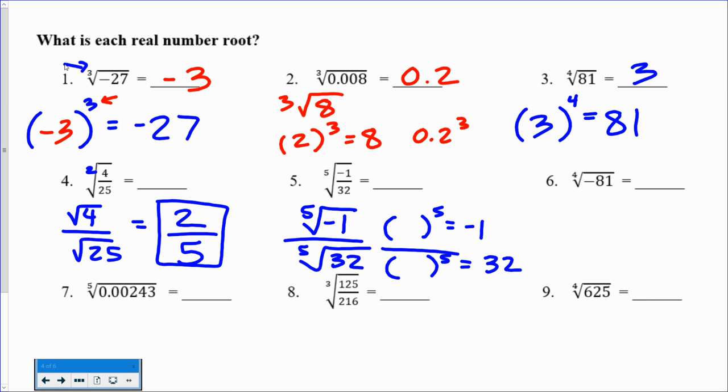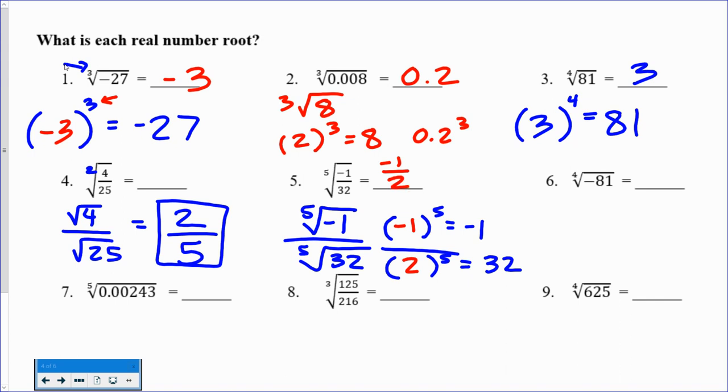It really should get easier, because when I'm raising things to the fifth power, it gets big really fast. I shouldn't have to try many things. So negative 1 to the fifth power is what would go on top. This is an odd root, so it's okay that it's negative, because I'm taking negative 1 times itself 5 times, so it will be a negative number. And then 2 to the fifth, you'll find if you check that on your calculator, gives you 32.